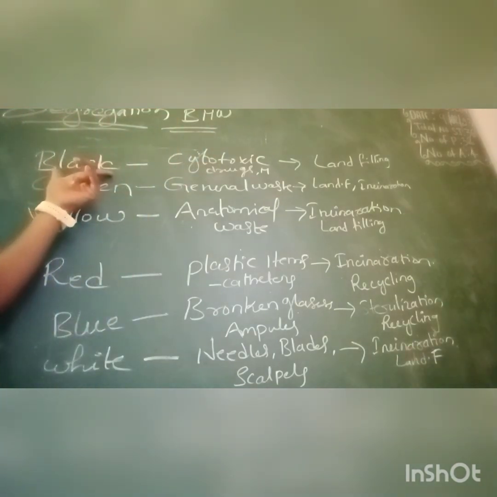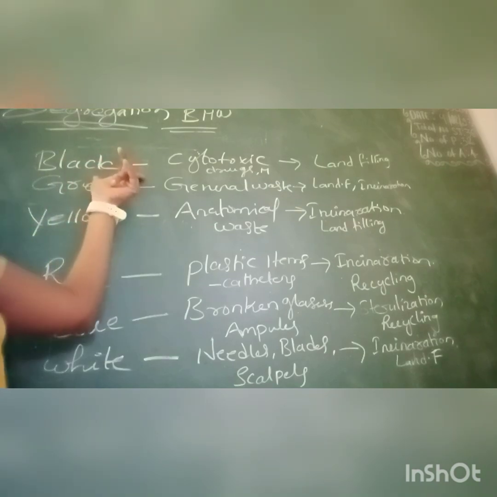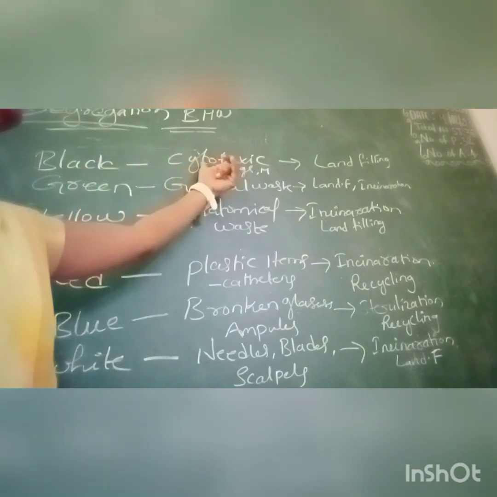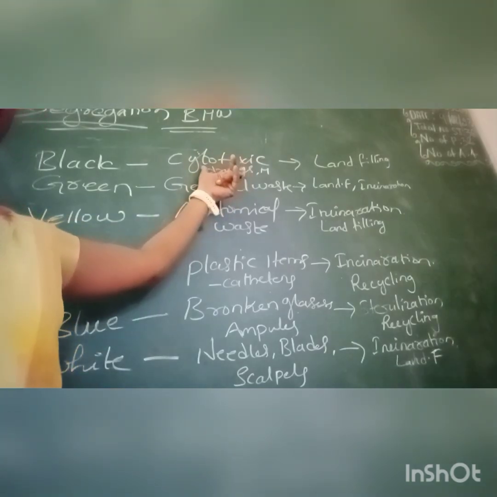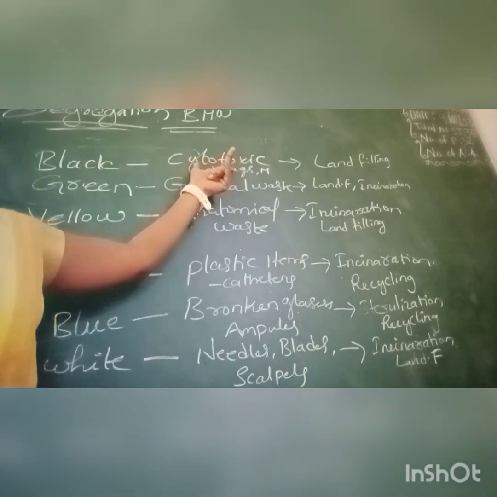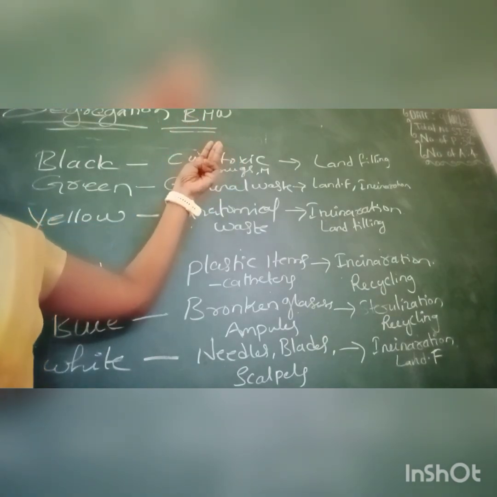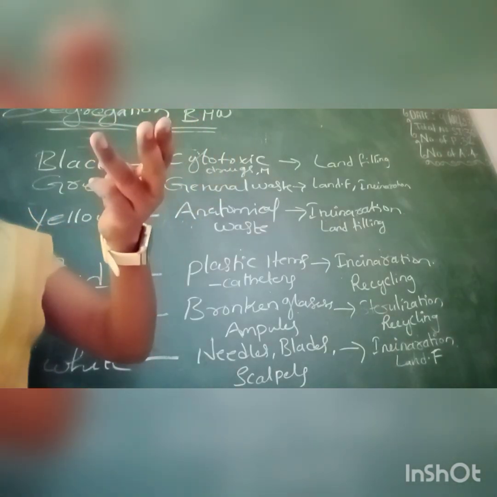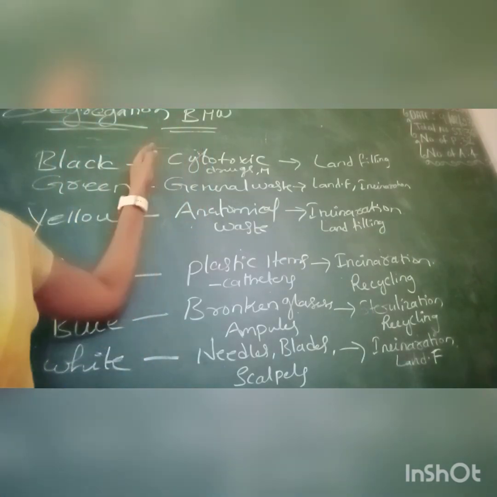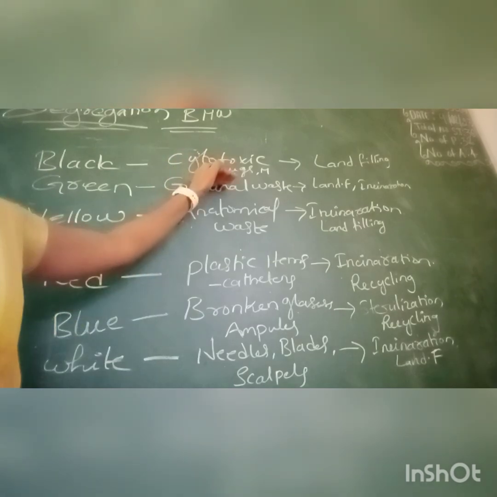The first one is black. In the black bin, we throw all the cytotoxic drugs or toxic drugs. What are the toxic drugs? Radioactive medications or the oral anti-cancerous drugs. All these come under the black dustbin.